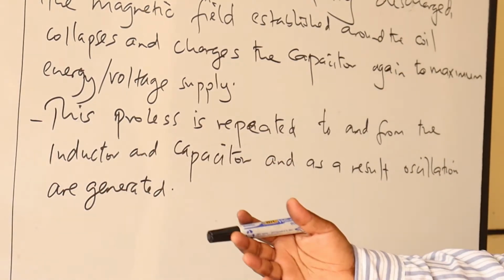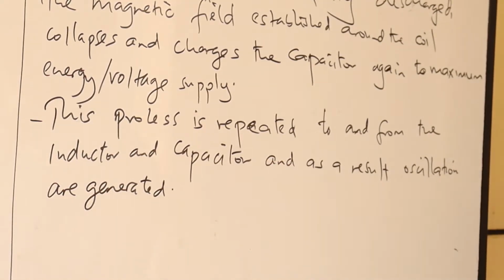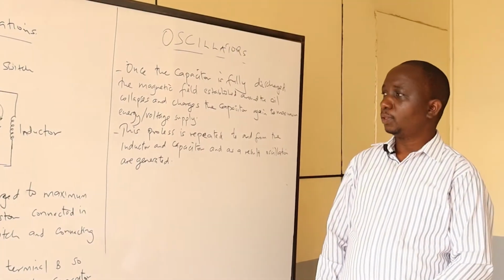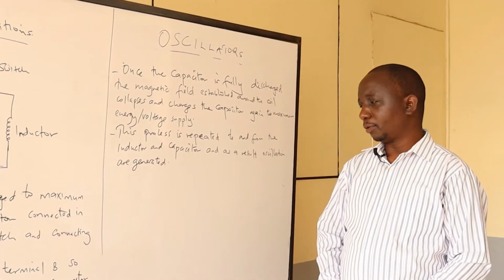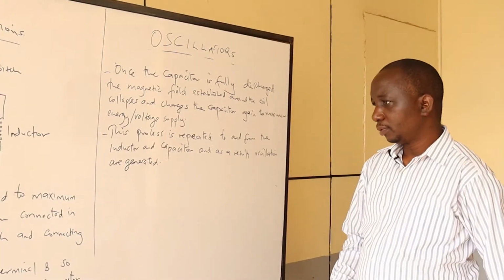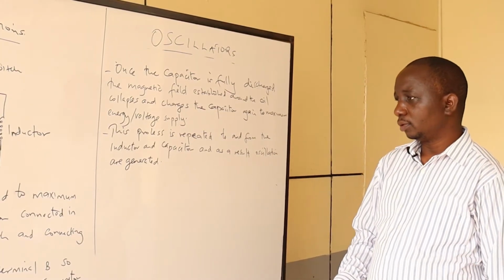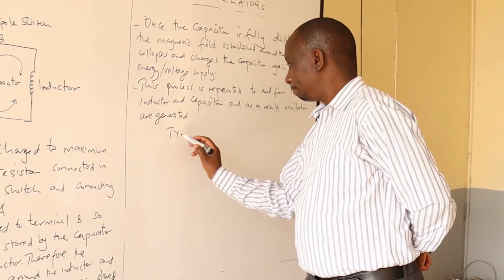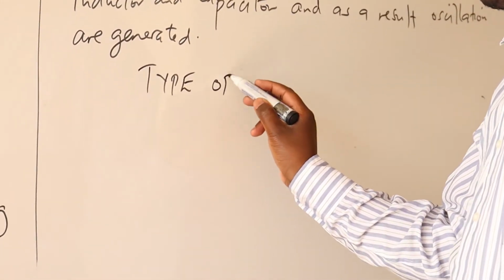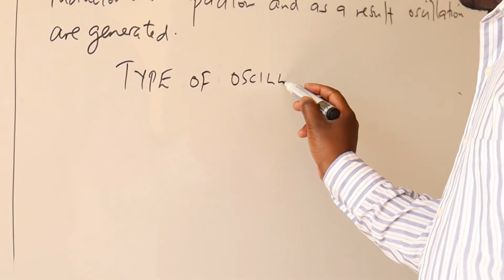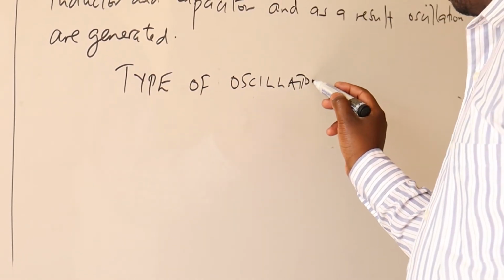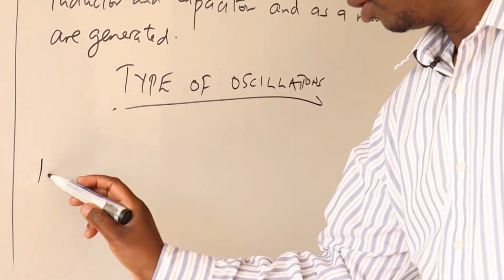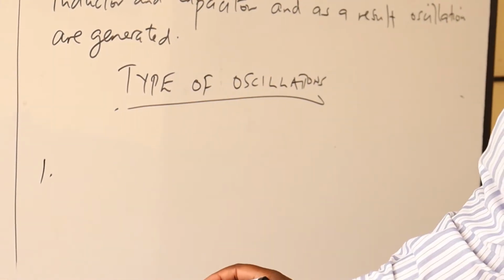So once you know how the circuit works, we're now going to describe the types of oscillations we have. There are two types of oscillations.